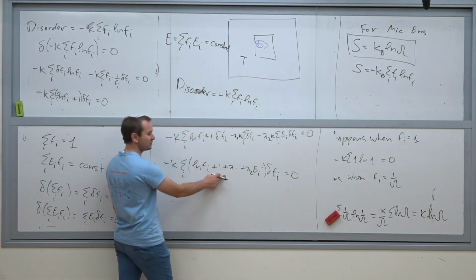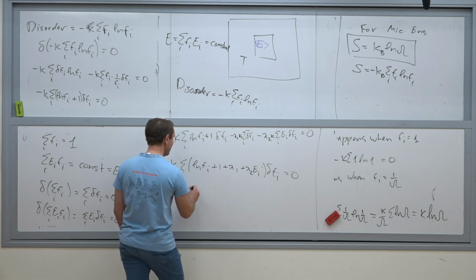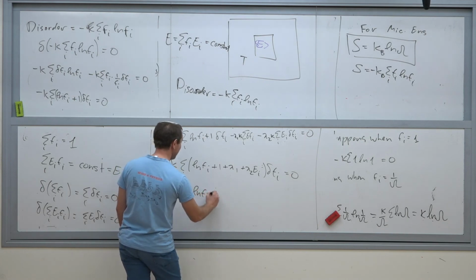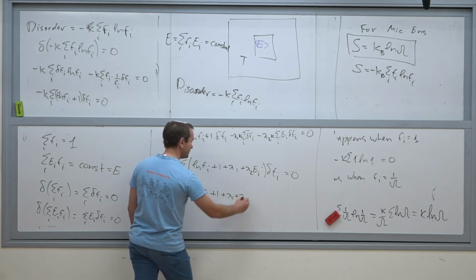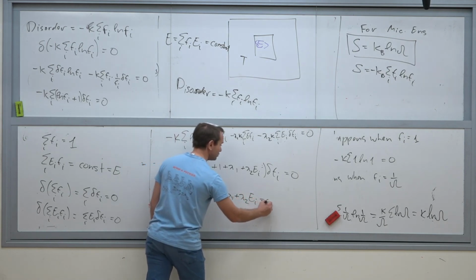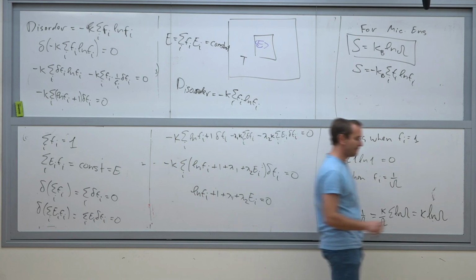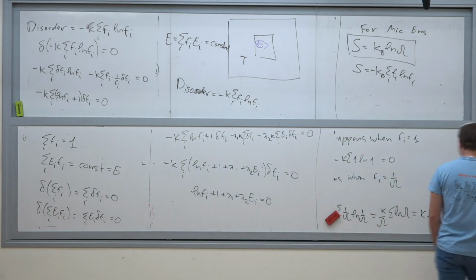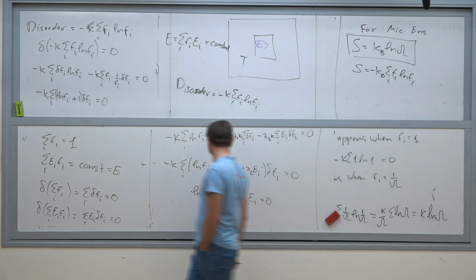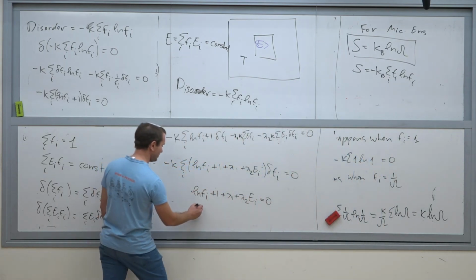So in order for this equation to be satisfied, we need that log of fi plus 1 plus lambda 1 plus lambda 2 ei equals 0. What is the solution of this?